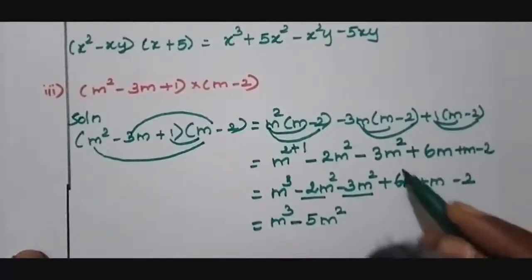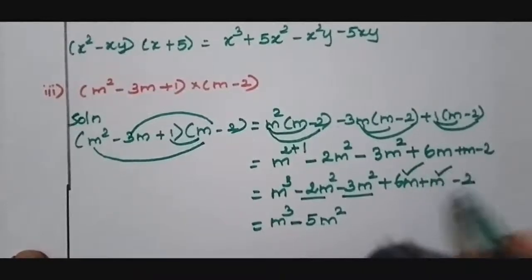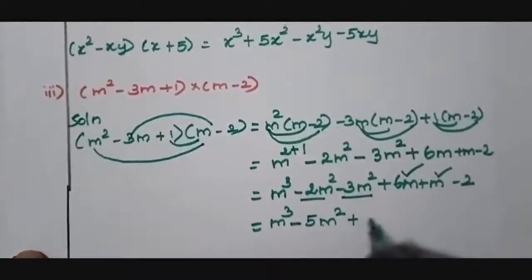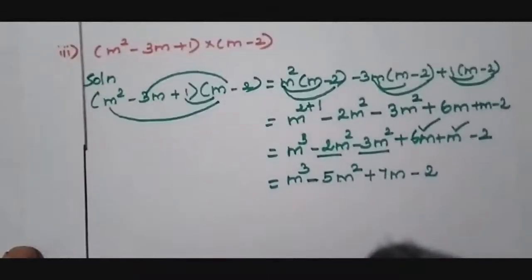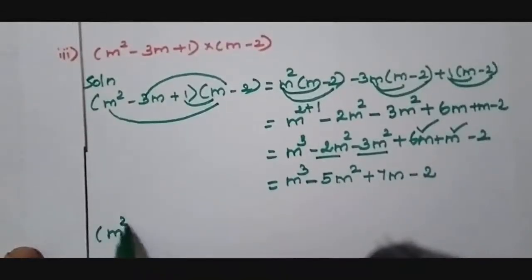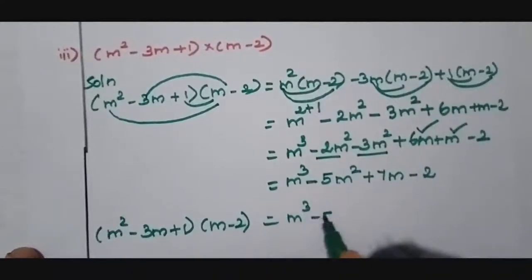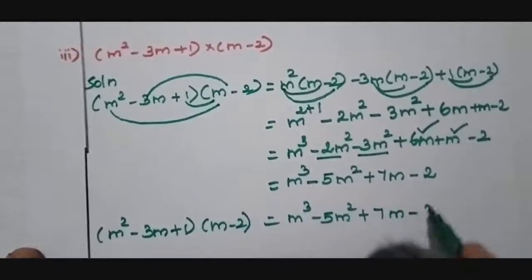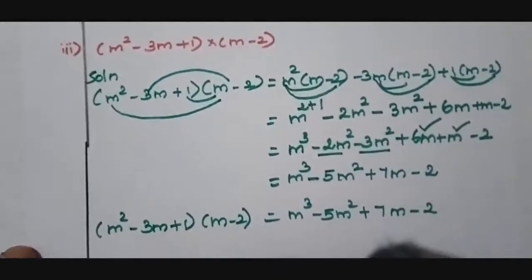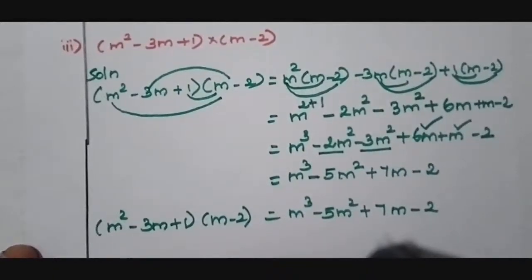Now this is 6m and this is m. 6m plus m is 7m, minus 2. So the answer is m square minus 3m plus 1 into m minus 2 is equal to m cube minus 5m square plus 7m minus 2. Is it clear, children? Yes.